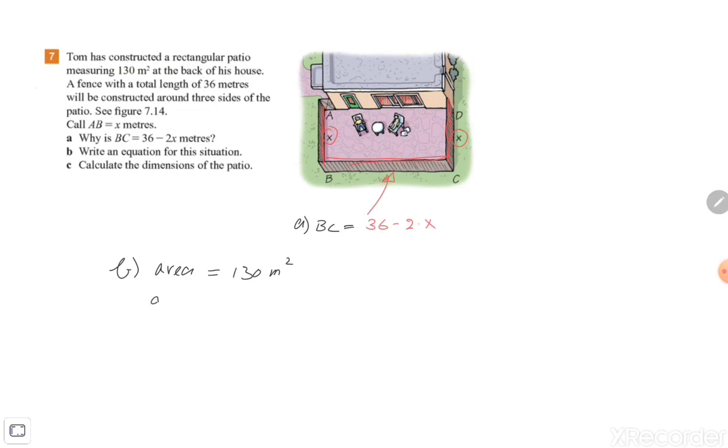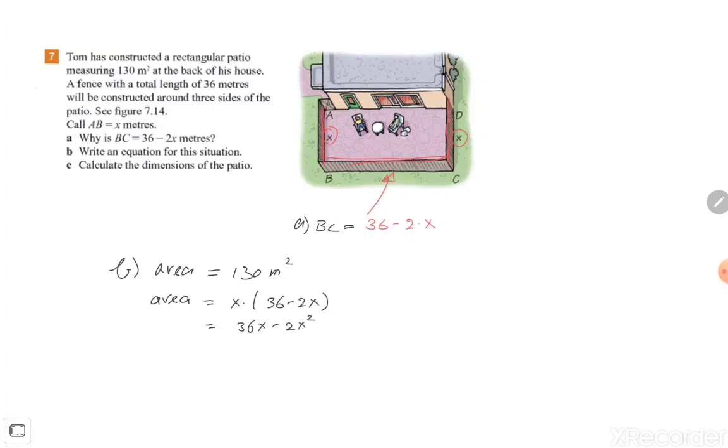But we even can say that if we look at the dimensions, the length and the width of the patio, then to calculate the area, we do length times the width. So x times 36 minus 2x, right? And if I work out those brackets, you get 36x minus 2x squared.